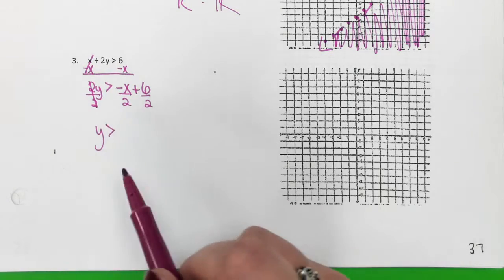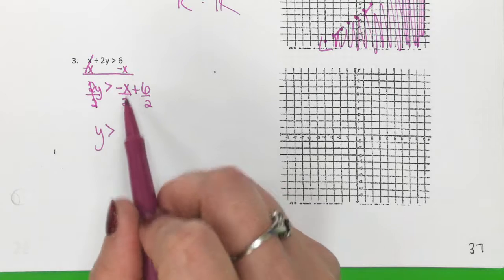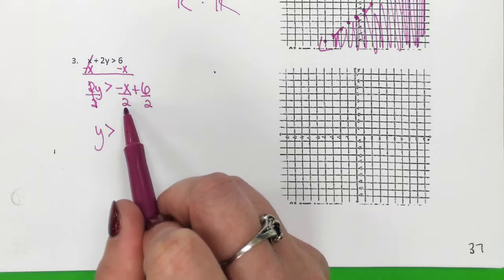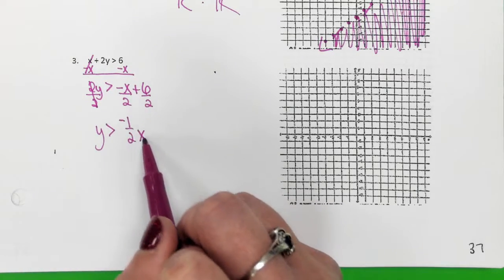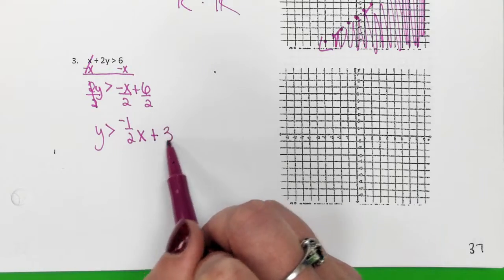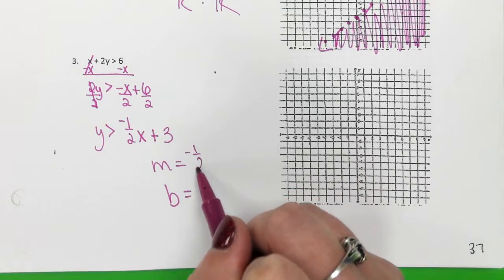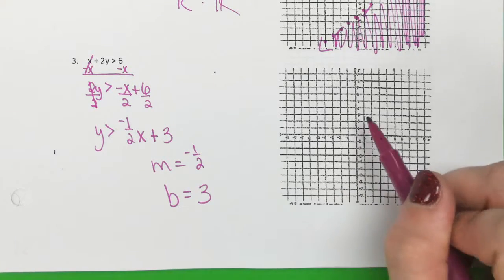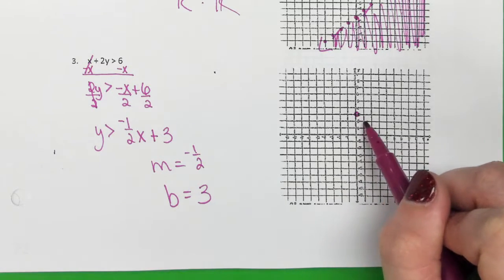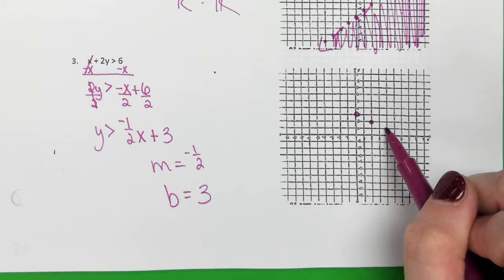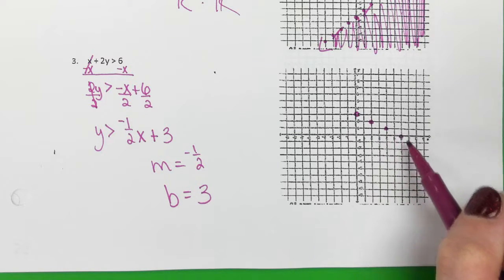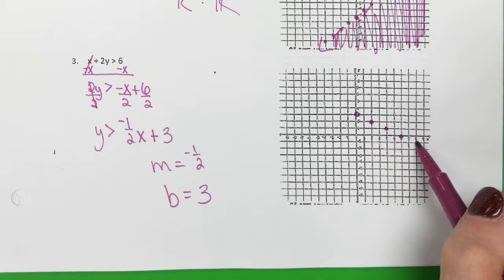Alright, so y is greater than, how do I write that? Negative 1/2 x, yep. Plus 3. There you go. What's my slope? What's my y-intercept? There you go. 1, 2, 3. Down 1 and right 1. Or excuse me, down 1 and right 2.